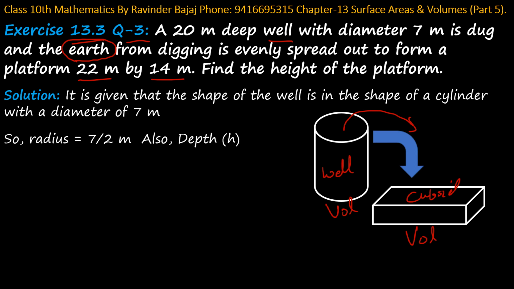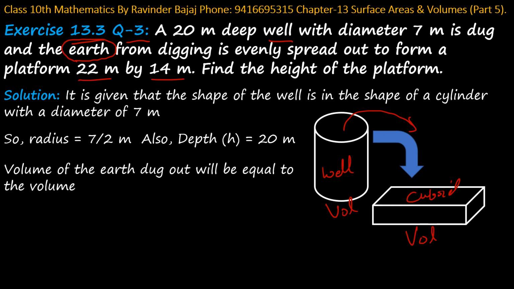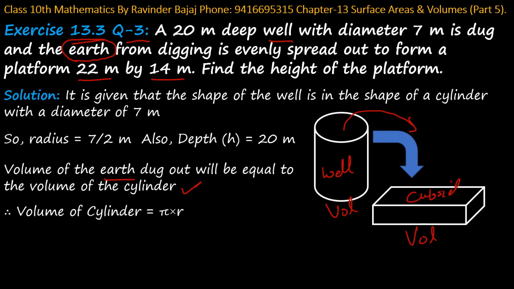So radius is equal to 7 by 2 meter. Also depth is equal to 20 meter. The volume of the earth dug out, or the soil or the mud taken out from the well, is equal to the volume of the cylinder. Volume of the cylinder is equal to pi r square h.